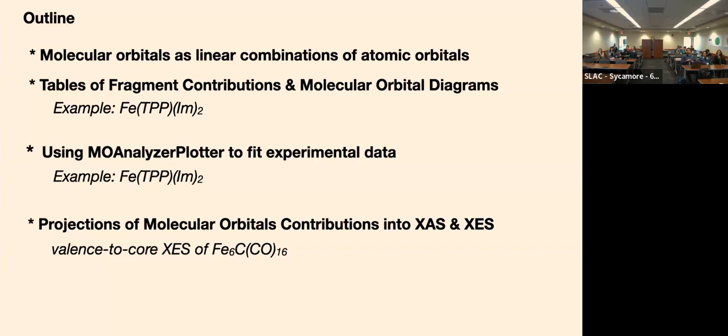Sometimes you want to play a little bit with the broadening, with the energy shifts, what energy shift you will need to apply, and also the intensity scales, and things like that you can use afterwards in the main MOAnalyzer to be able to interpret what transitions are behind a particular set of peaks, for example. I will also go through a few examples of how to do several things regarding the interpretation of the spectrum.